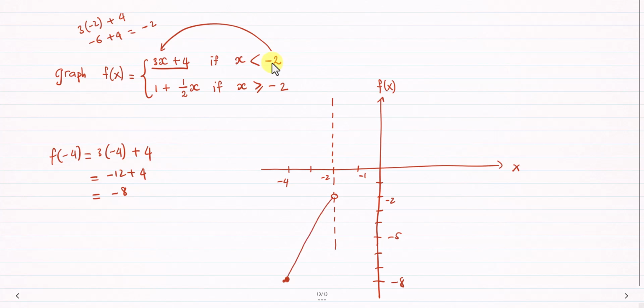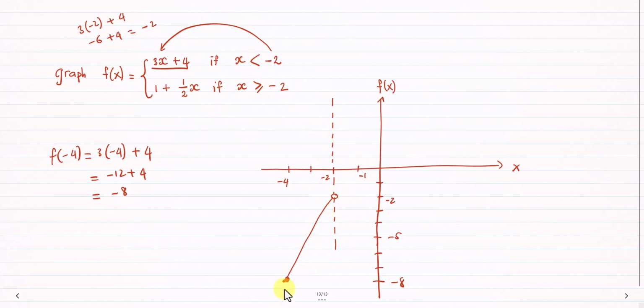Something like this. Okay? Now we stop right here because we do not want to go over -2. That would be the second function down here, right? The second part of this function. So we only go up to this point, which is the border line before we enter the second region.